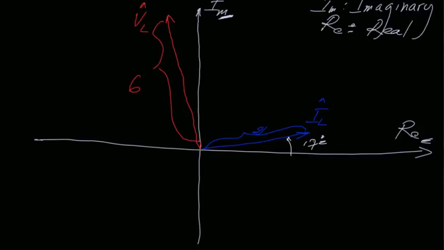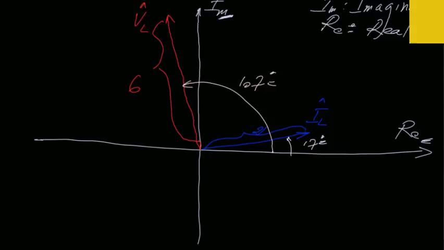So it should be 3 times as long as what we have in here. And the angle that it makes with the real axis is 107 degrees. Now, if I take 107 and subtract from it 17, and I'm going to use now a completely different color, maybe some kind of yellow, that means that the angle between the blue and the red, if I start from here, and I move all the way to here, this is 90 degrees.